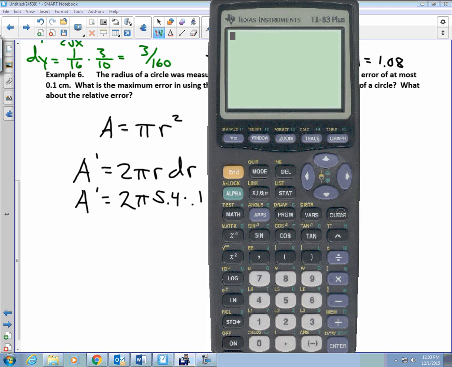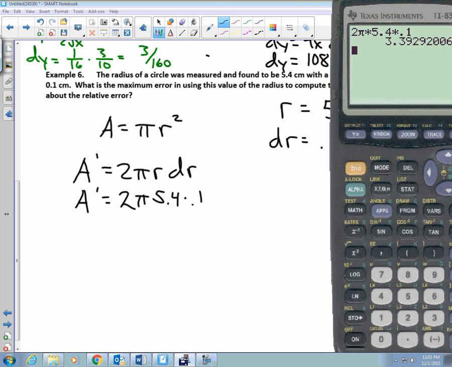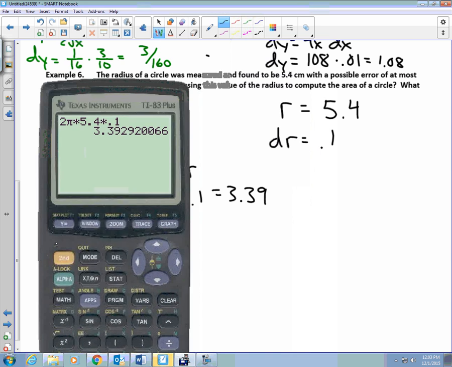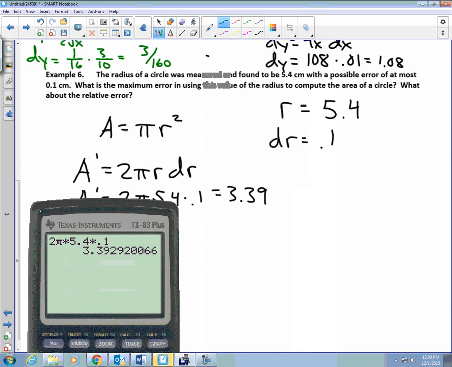Type it in. You get 3.39. Now, so that's the error. It's not double. It's who knows what. It's 3.39.